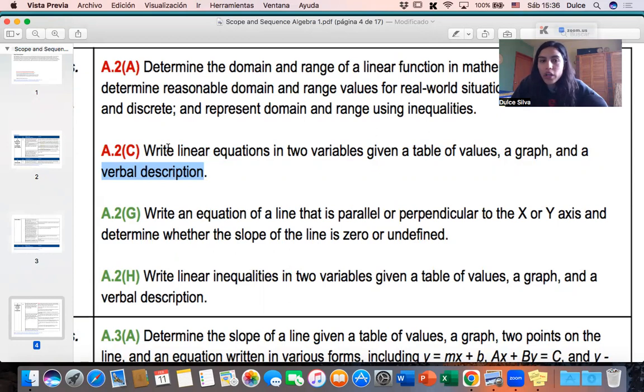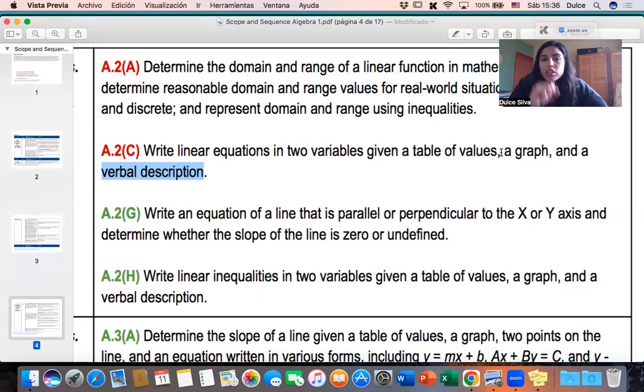represented in many ways. For example, in a verbal description as a real life problem. Or it could be represented by a graph, by a table of values, or also as an algebraic expression.